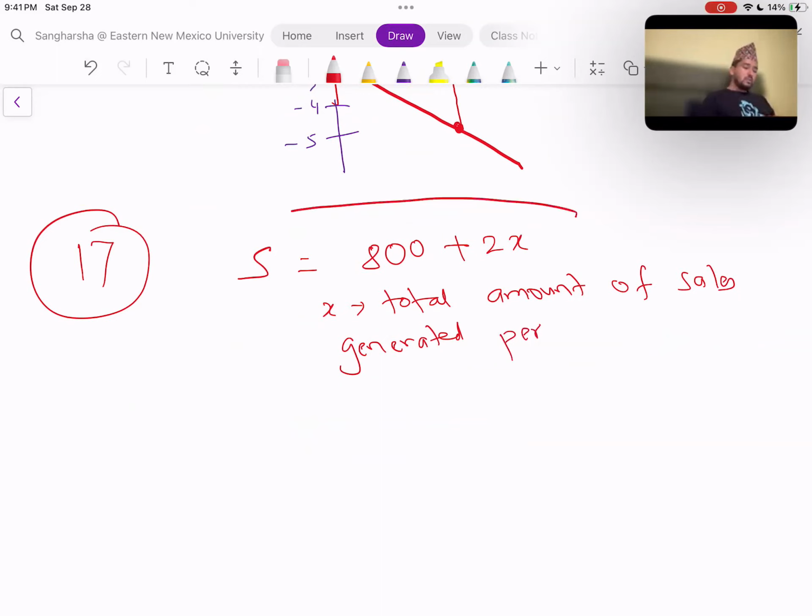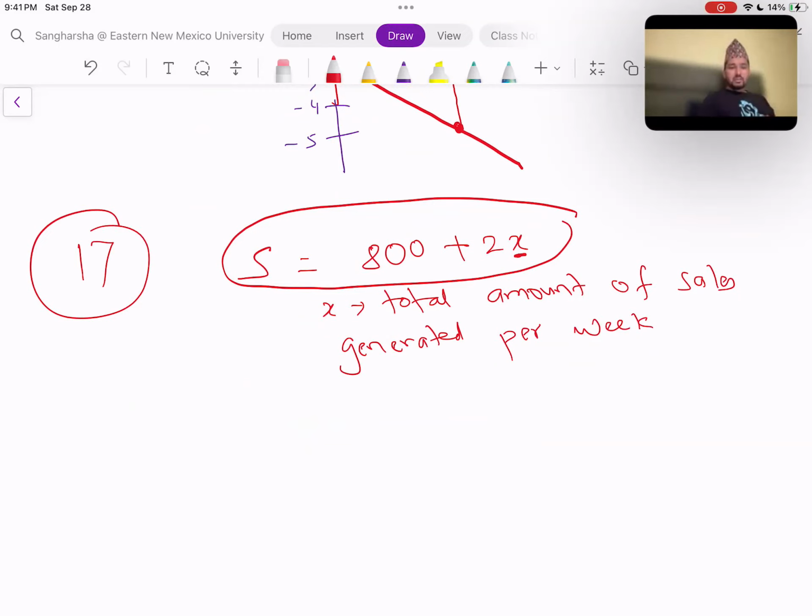So this equation gives us the salesperson's earning, okay? And in this equation we have X, and X is the total amount of sales generated per week. This is how they defined X.